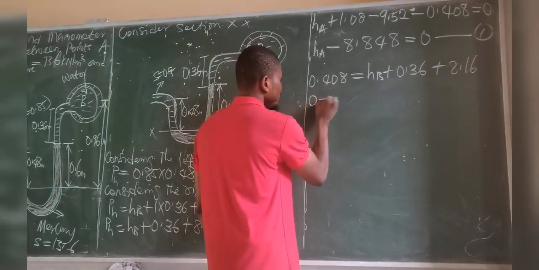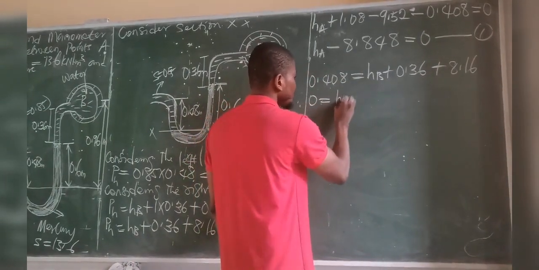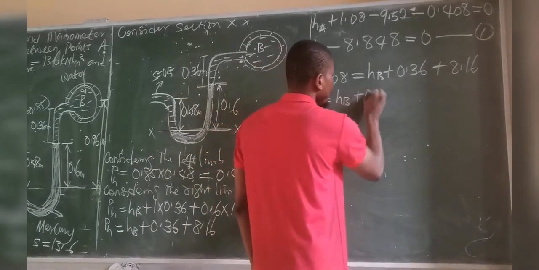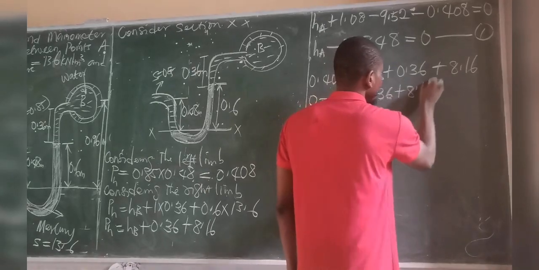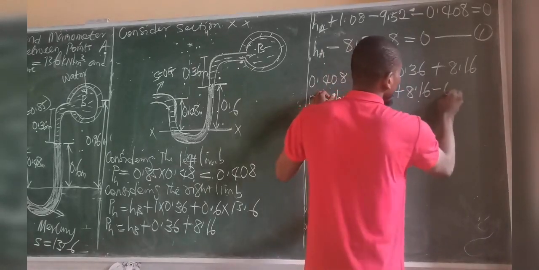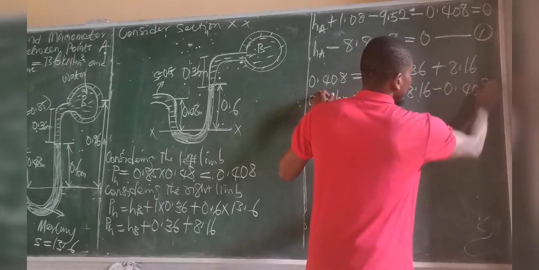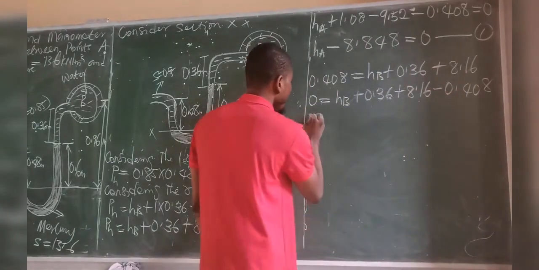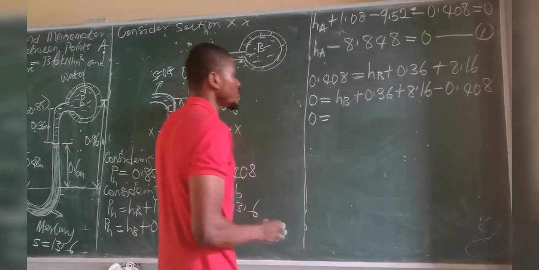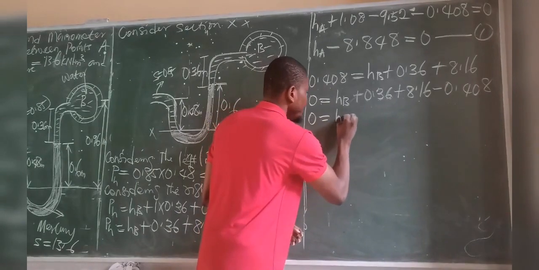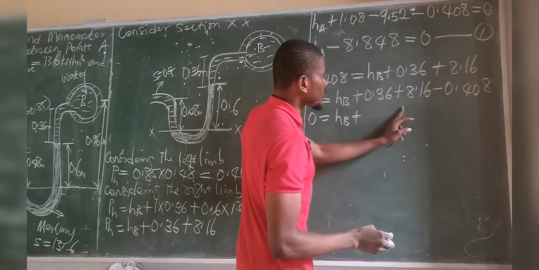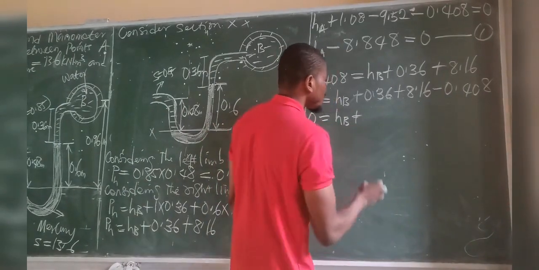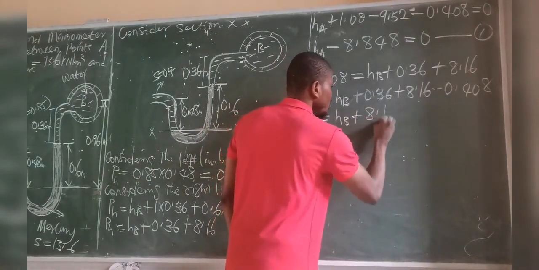Therefore, 0 is equal to HB plus 0.36, plus 8.16 minus 0.408. And if I do this, I'll have 0 is equal to HB plus the whole of the 0.36 plus 8.16 minus 0.408, which will give me 8.112.